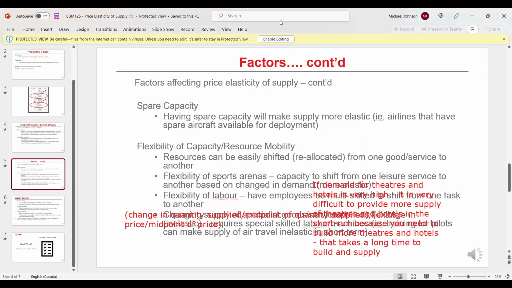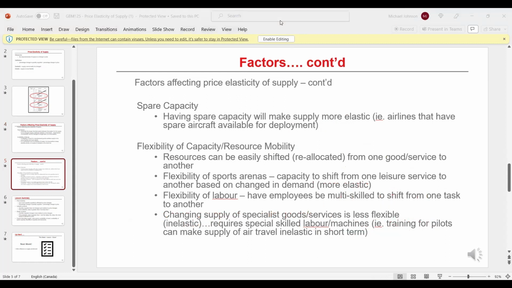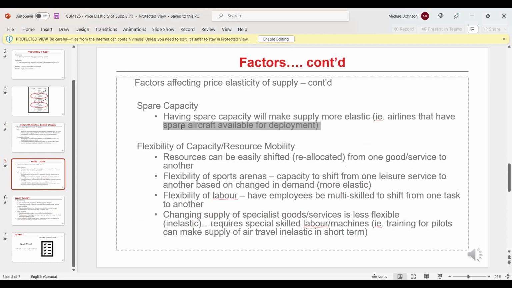So the factors affecting price elasticity of supply, continued. Spare capacity: having spare capacity can make supply more elastic, like airlines that have spare aircraft available for deployment. And then flexibility of capacity and resource mobility: resources can be easily shifted, reallocated from one good or service to another.